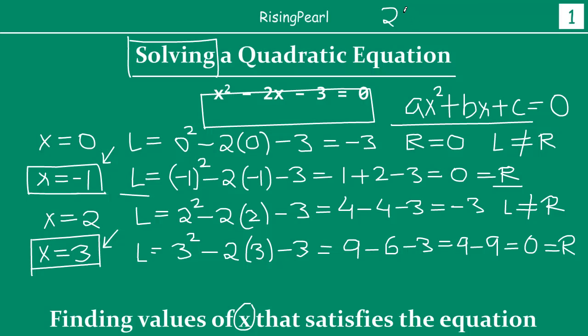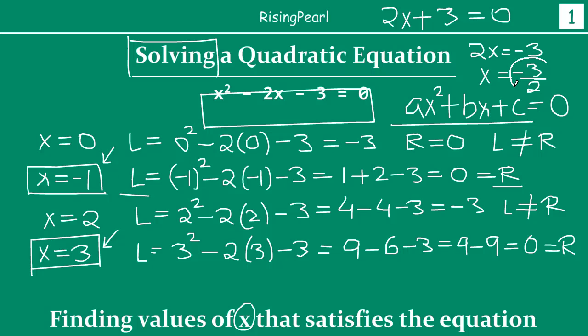Just the same way, if I had a linear equation 2x plus 3 equal to 0, and I were asked to solve this, I know that we will say 2x equal to minus 3, or x is equal to minus 3 by 2. We divide both sides by 2.